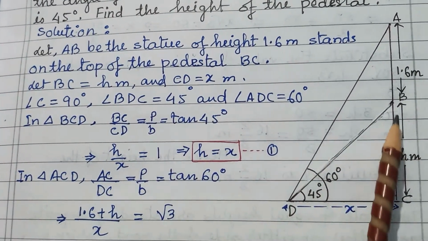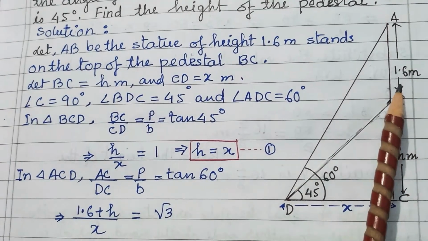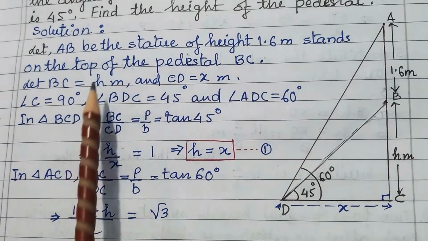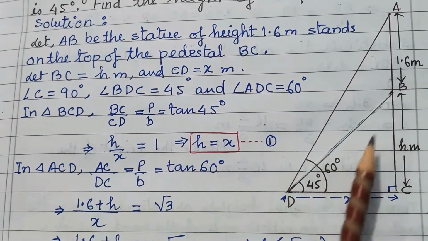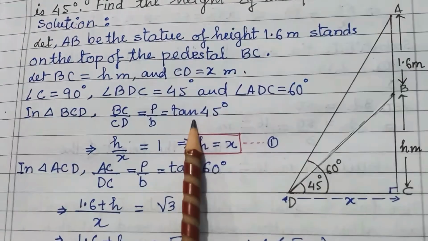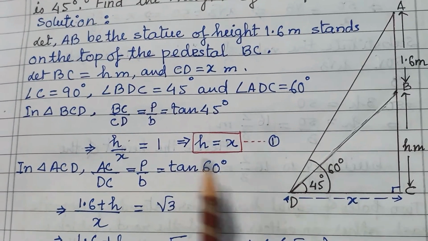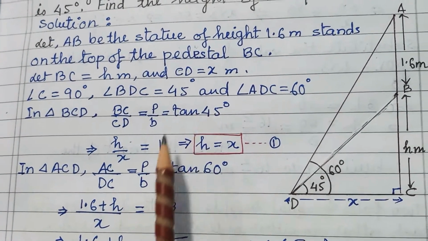Now we have two right angle triangles, one is BCD and another is ACD. One by one, in triangle BCD, BC upon CD is equal to tan 45 degree. So h upon x is equal to 1, as tan 45 degree is 1.